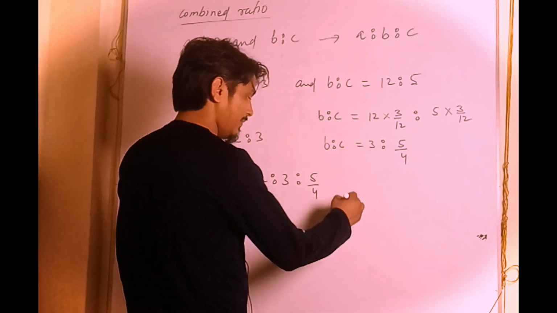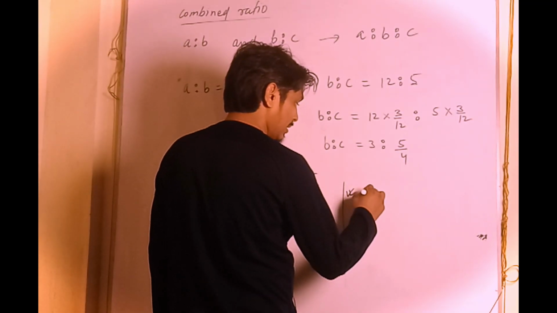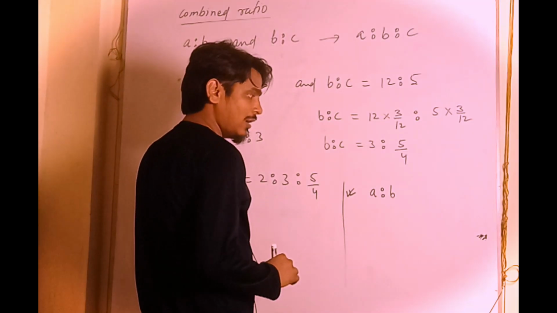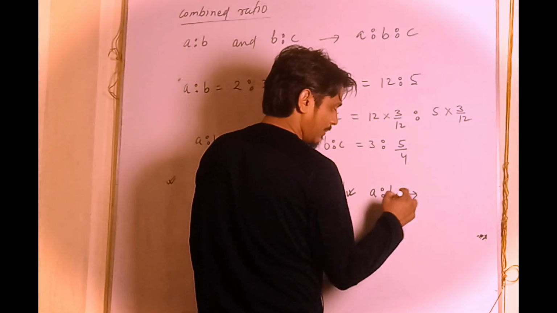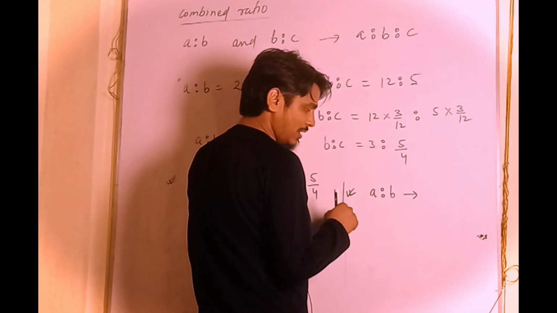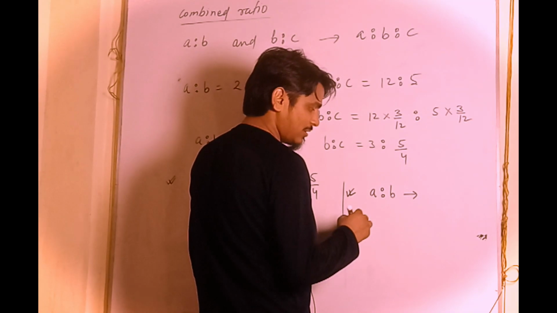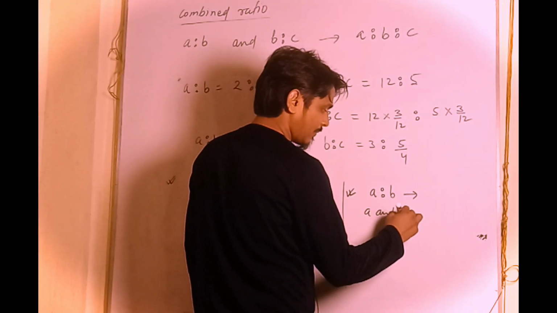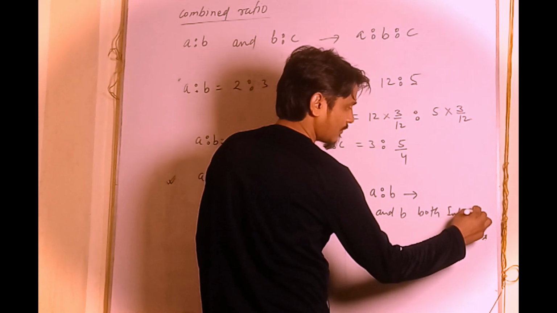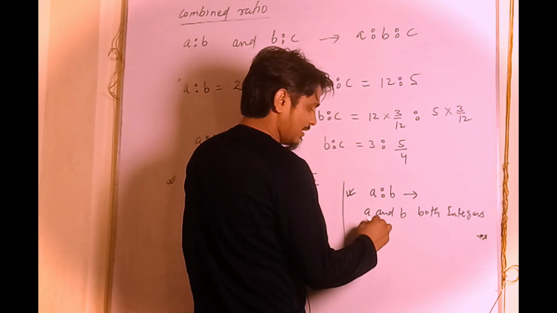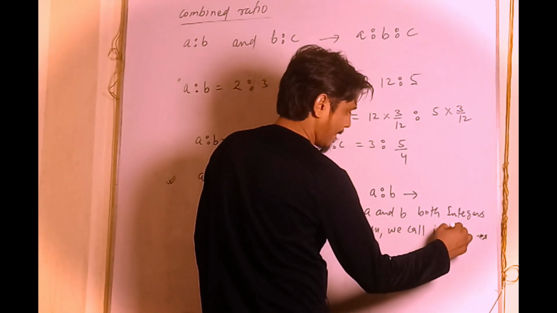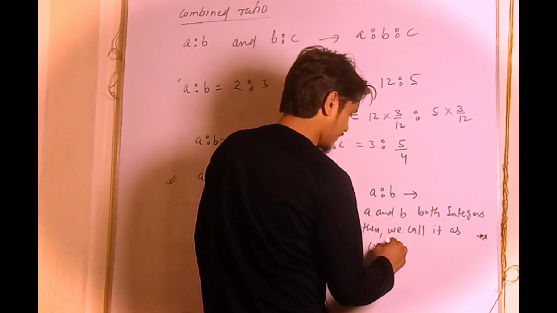So in such a case, we have to understand that if we have given the ratio of two quantities and both of the quantities are integers, let's say here we have ratio A ratio B, in which A and B both are integers, then we call it commensurate.